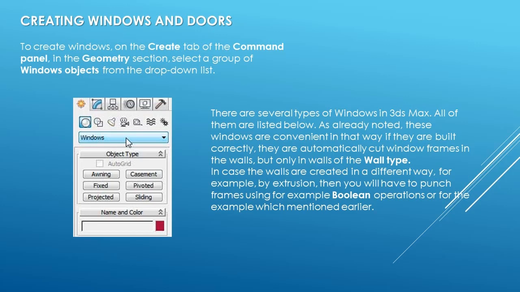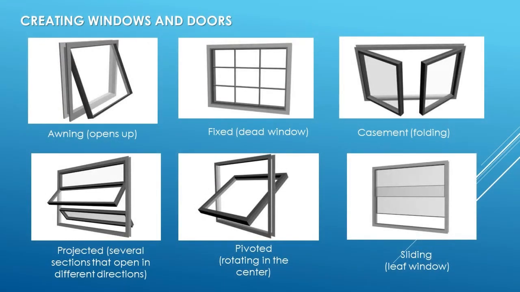In case the walls are created in a different way, for example by extrusion, then you will have to punch frames using, for example, the Boolean operation, or the method mentioned earlier. So here we can see the types of windows which you can create from the Windows drop-down list.